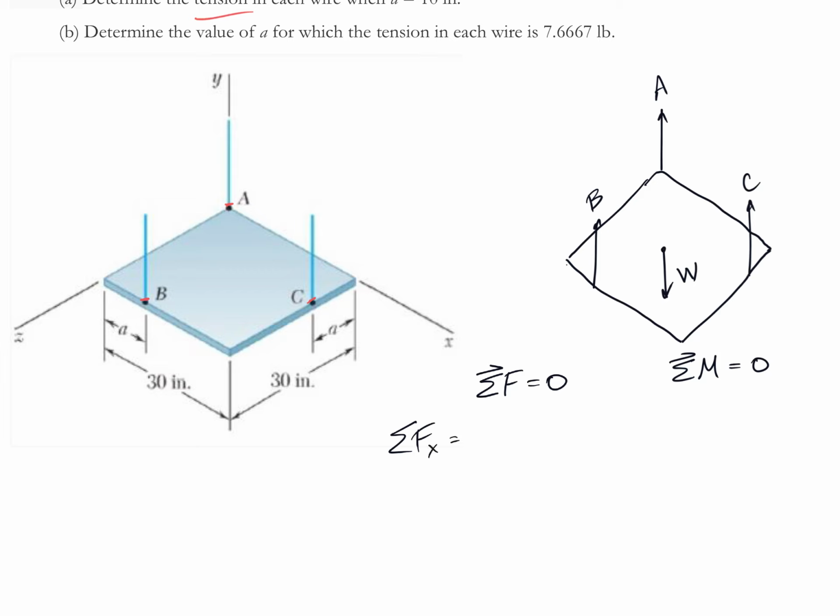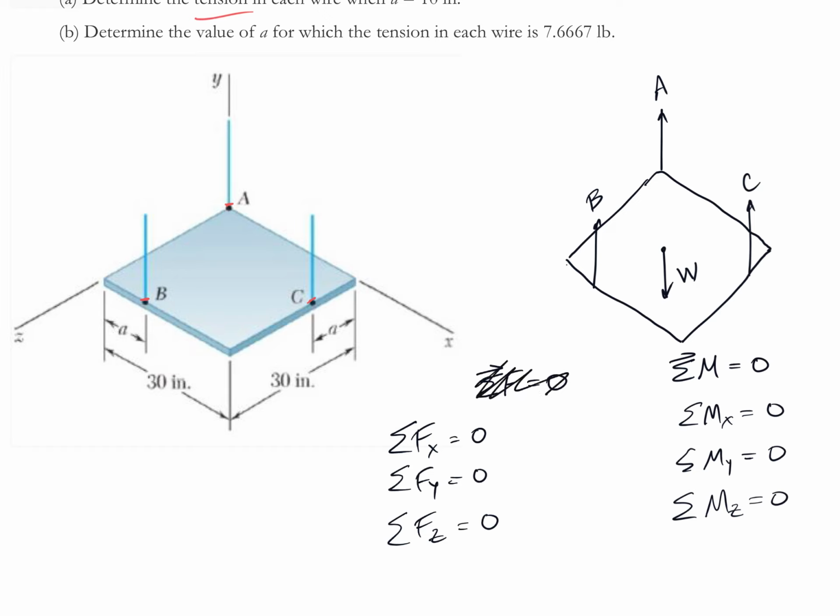The sum of the forces in the x equals 0, sum of the forces in the y equals 0, sum of the forces in the z equals 0. Sum of the moments in the x equals 0, sum of the moments in the y equals 0, sum of the moments in the z equals 0. I've just written these out so that these are no longer functional equations, because we're not going to use those, right? Because I've split them out.